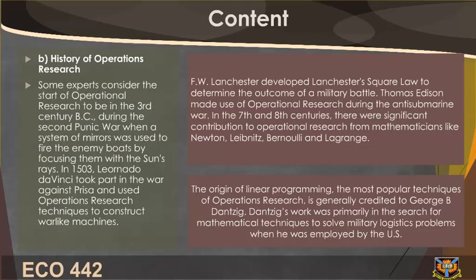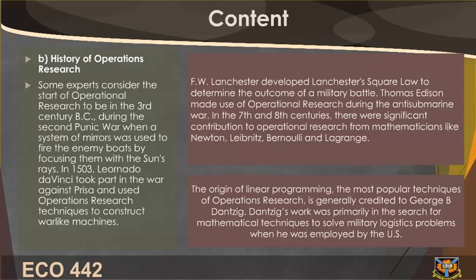B. History of operations research. Some experts consider the start of operational research to be in the 3rd century BC, during the Second Punic War, when a system of mirrors was used to fire the enemy boats by focusing them with the sun's rays.